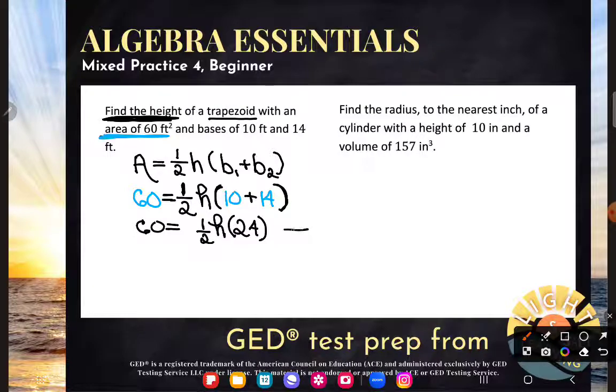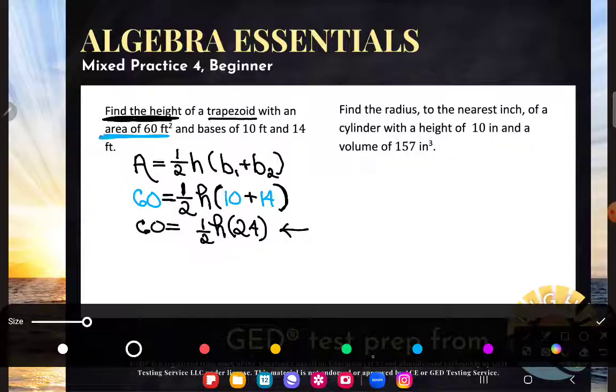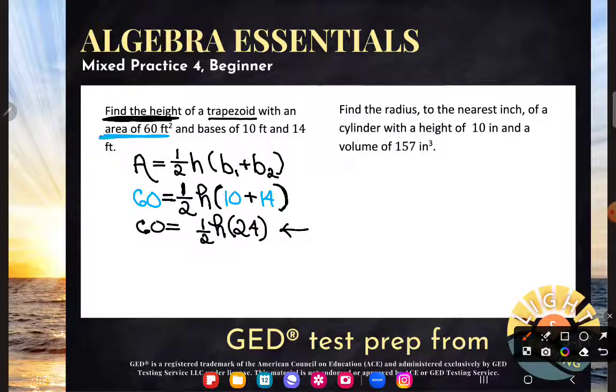Now, what's going on here? This looks a little gross, but notice what I have. I have 1/2, H, and 24 all shoved up together. They're all multiplying. And the nice news is when you just have a bunch of numbers multiplying, you can multiply in any order you want. We're going to use that to our advantage to make this even simpler by multiplying the numeric portions together.